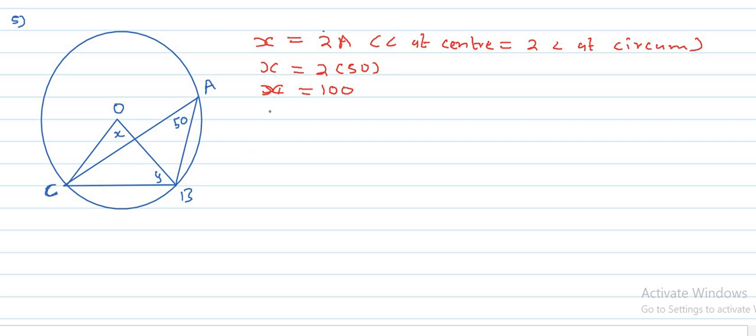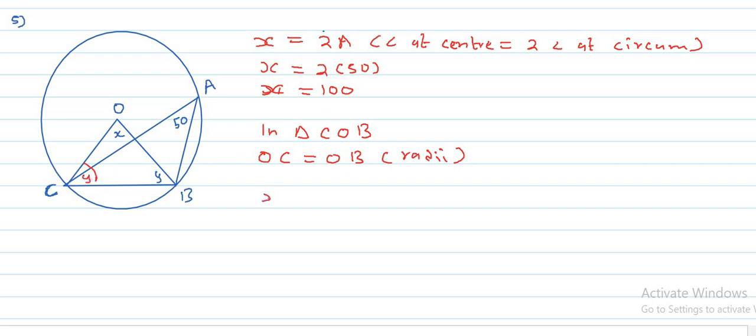For us to find the value of y, we're going to say in triangle COB, OC equals OB, this is radii. So meaning angle OCB is y, which will give us an isosceles triangle.